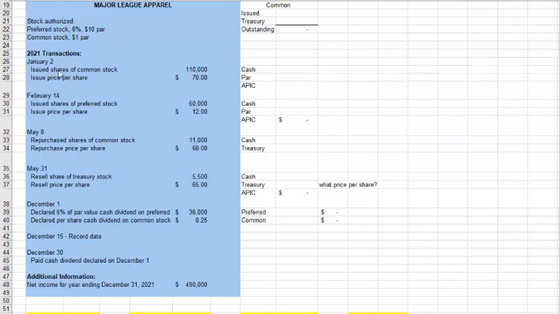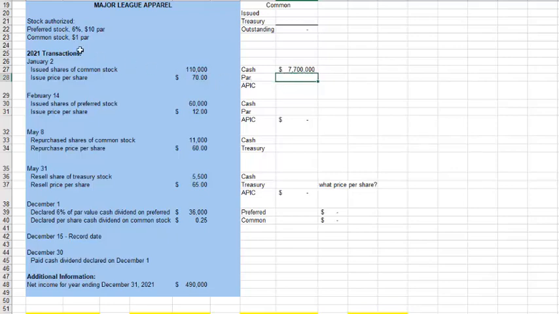January 2nd, we issued 110,000 shares of common stock with an issue price of $70. We know that we have par, so let's go ahead and do our calculation here. We are going to have cash equal to the number of shares that we issue times the amount that we issue them at, which is $70. We're going to have $7.7 million of cash.